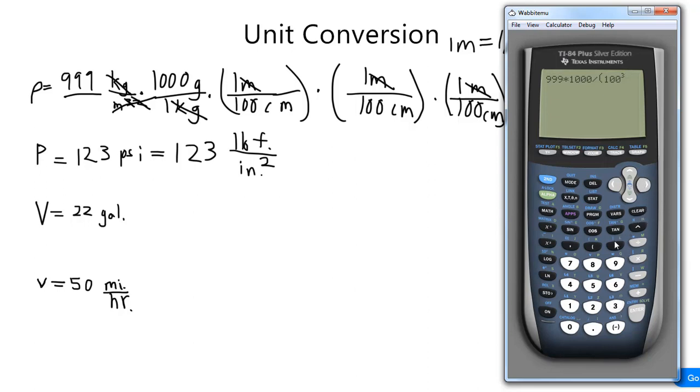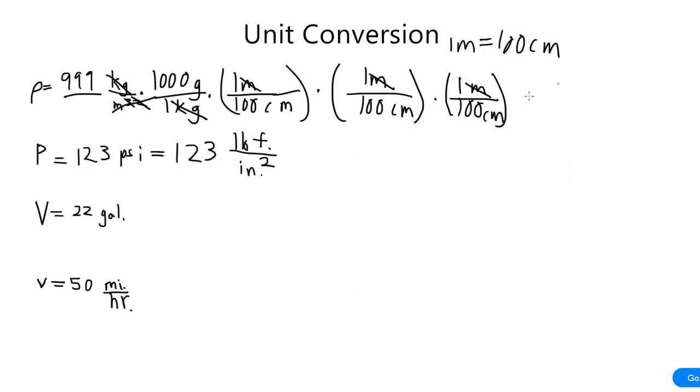So there you go. You have 0.999 grams per centimeter cubed. Which kind of makes sense, because it should be 999 with the decimal place moved over a couple places, just because we're in SI units with this. So everything is just 10 to the whatever, and we're multiplying and dividing by that.